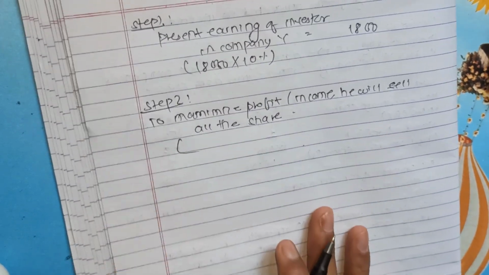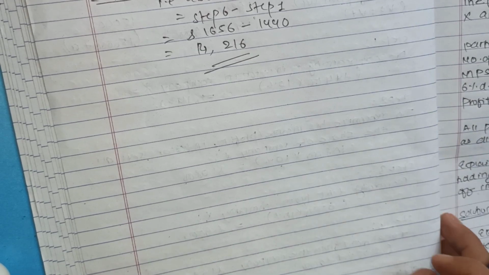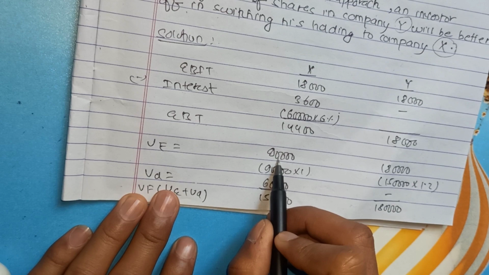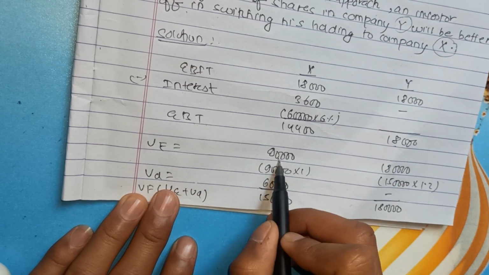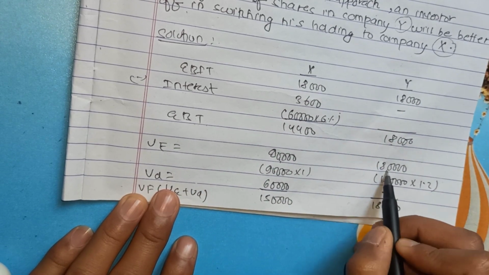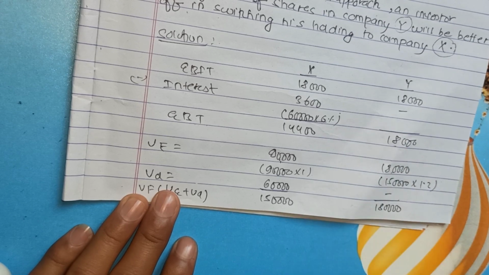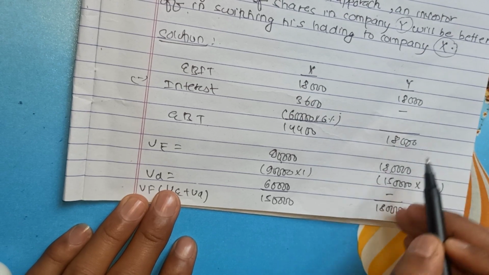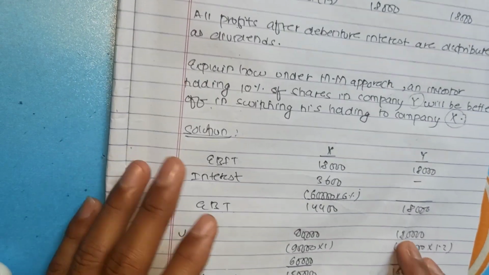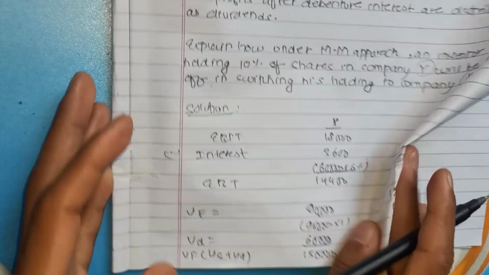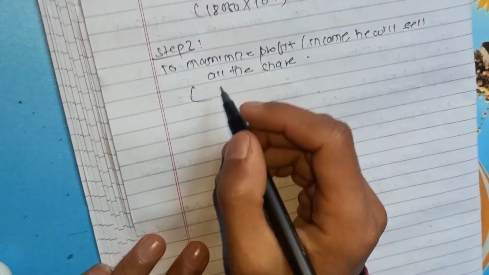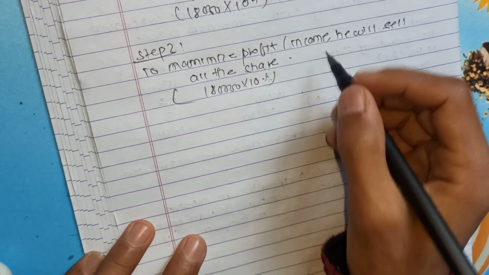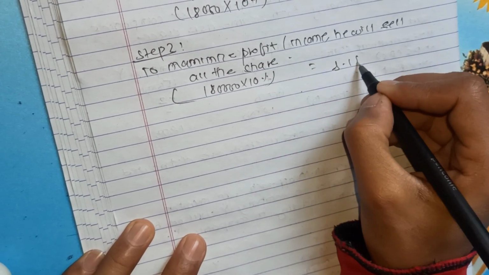All the share means he has the value of equity of 90,000, value of equity of X is 90,000 and value of equity in Y is 1,80,000, means he will sell all the 1,80,000 value of equity in company Y, which is holding of 10%, means 1,80,000 into 10%, that comes to rupees 18,000.